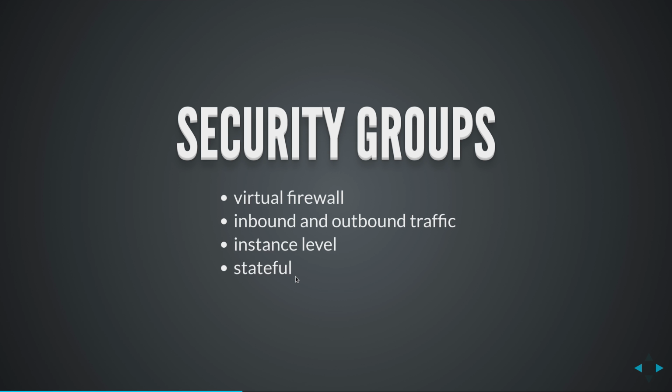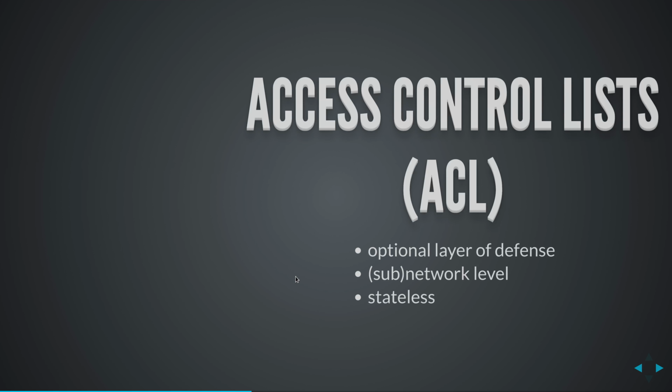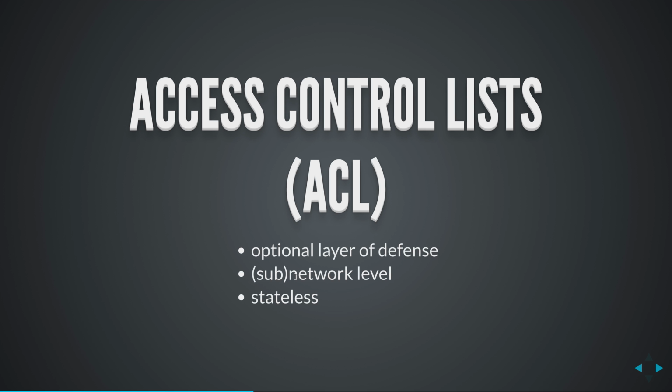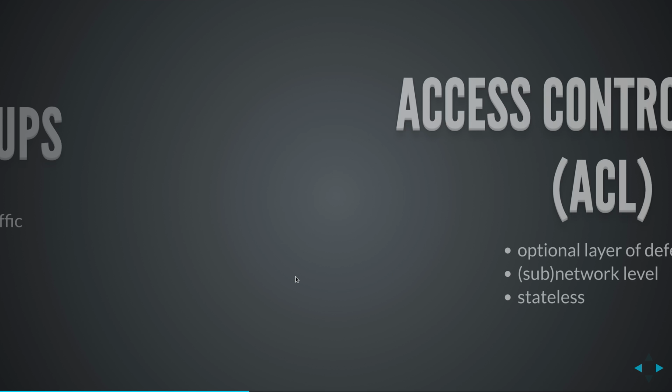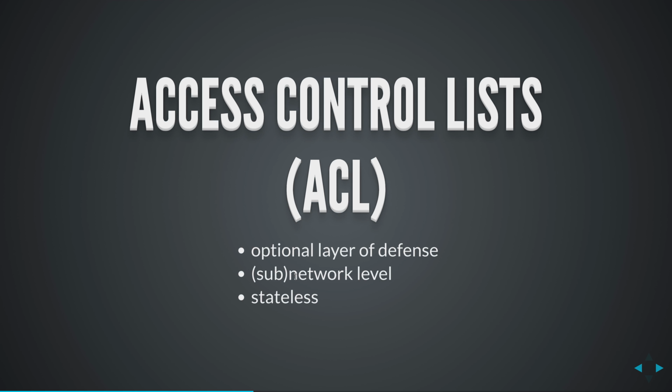Importantly, security groups are stateful, so you don't have to take into account return traffic when setting up your rules. That's implicit. Access control lists, on the other hand, are stateless.